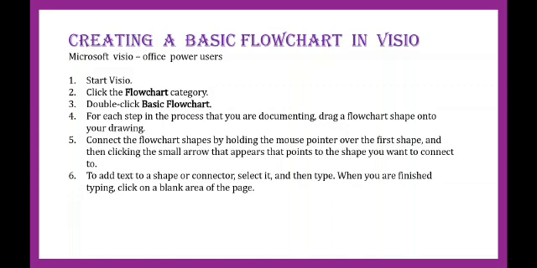And then we have to add text to the shape or connector, select it, and then type the content in it. When you are finished typing, click on a blank area of the page so that it will save.